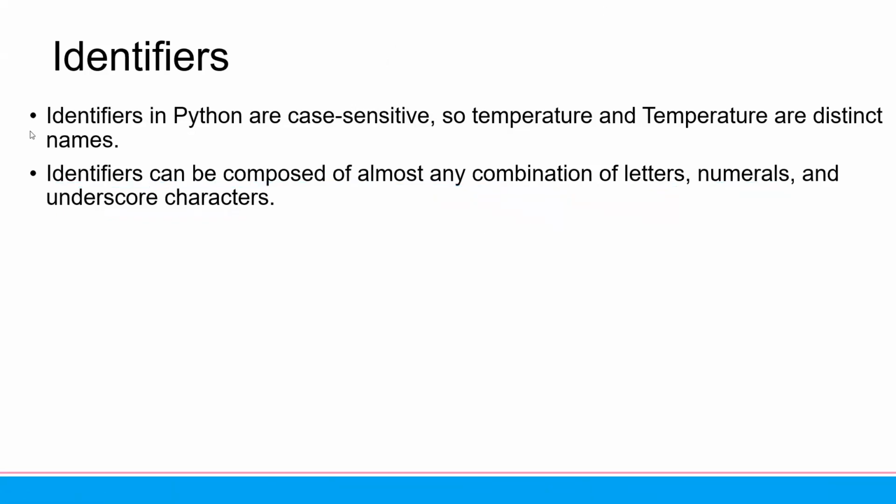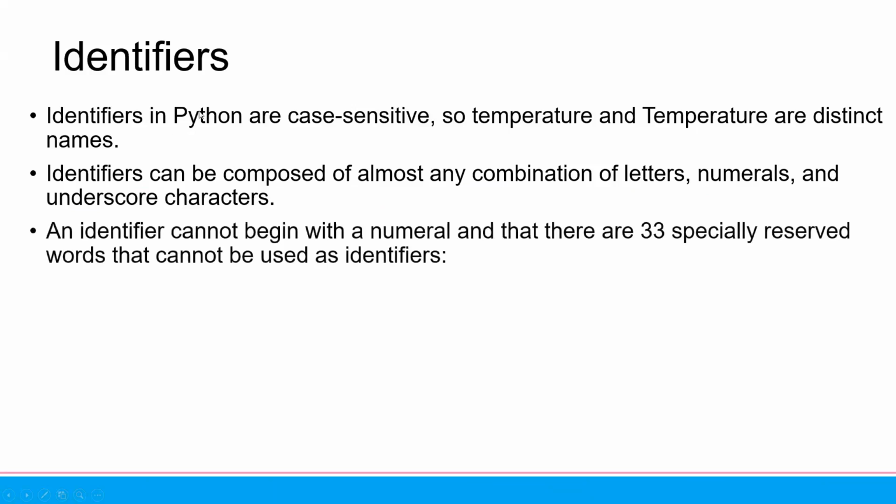If I want to write from_temperature, then it is fine because it is an underscore. But if you put a dash like this, it is not okay. We cannot make this kind of identifier. An identifier cannot begin with a numeral. You cannot use numbers as the beginning of the variable.